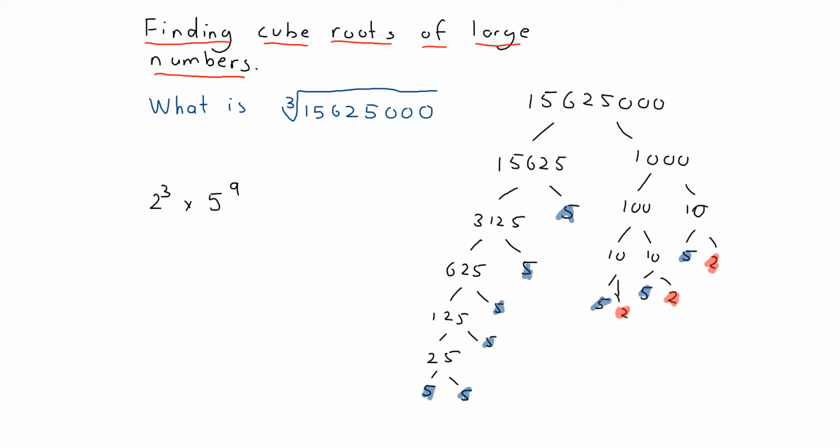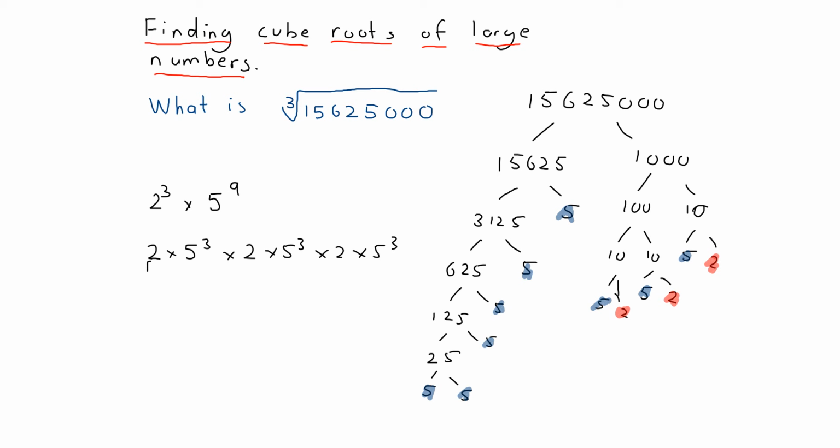So 2 times 5 cubed times 2 times 5 cubed times 2 times 5 cubed.